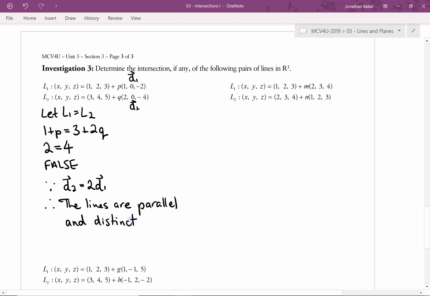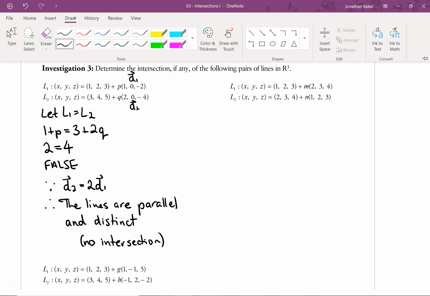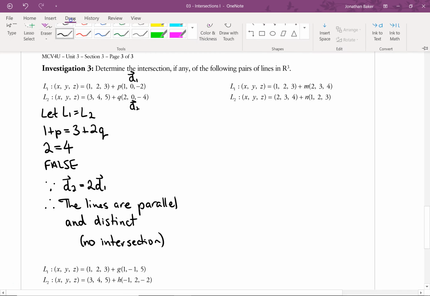And of course this means that there is no intersection. Okay, let's look at the next one.